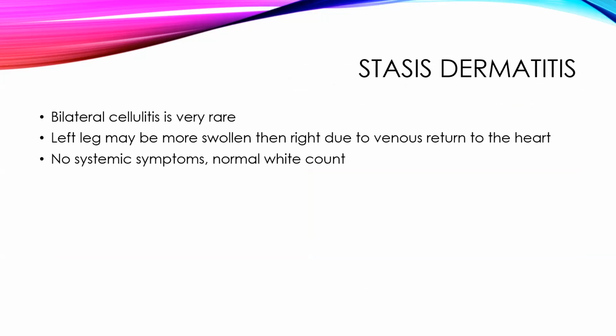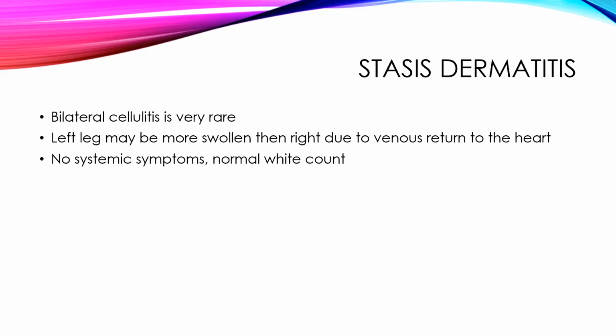First thing to comment on is that bilateral lower leg cellulitis is actually very rare. So if you see someone and you think that is a diagnosis, make sure you consider the option of stasis dermatitis instead. So the main differentiation clinically is that the patient will be feeling well, they will have no systemic symptoms, they will be afebrile, and if you did do blood work, they will have a normal white count.